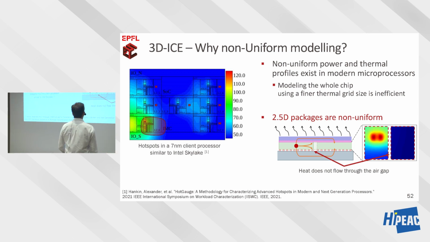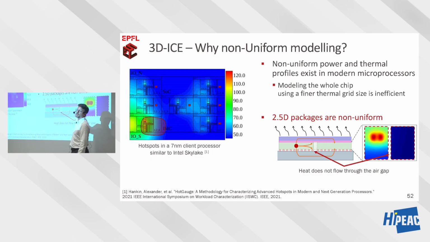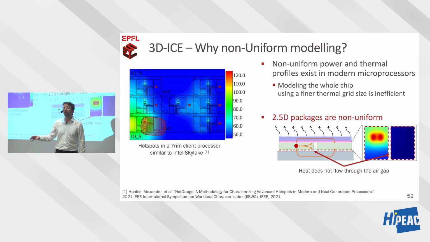And third, because now you can model chiplets. If you have a chiplet-based system, your interposer will last for the entire system, but you will have air gaps in between the different chiplets. Air is a pretty good thermal insulator, so if you don't account for that, your thermal simulations will be completely wrong.